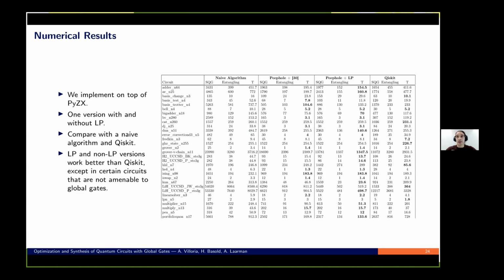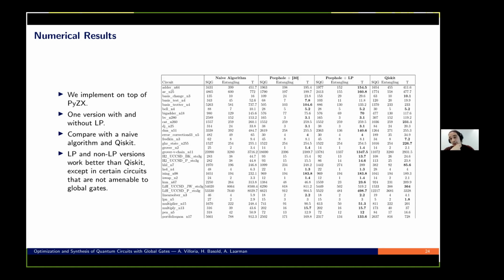Then we have the peephole rewrites that I showed in the previous slides, in which we move our quantum gates to the right to commute them past GMS gates, plus the PyZX algorithm of simplifying the frontier, and then one where we use the linear program plus the peephole rewrites.